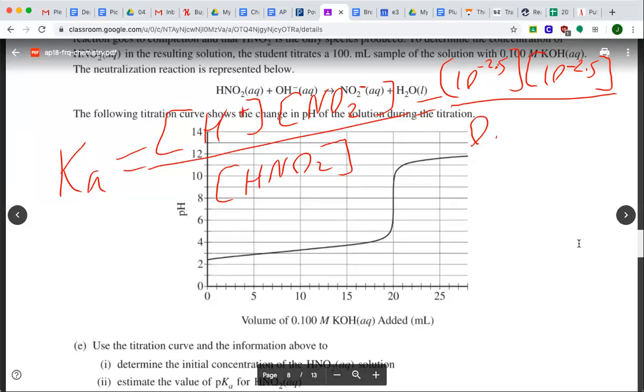So 0.025 minus 10 to the power of negative 2.5. All right, and so that's our bottom part there, and that should give us our Ka that we just looked up for HNO2. So let's see if that actually happens.